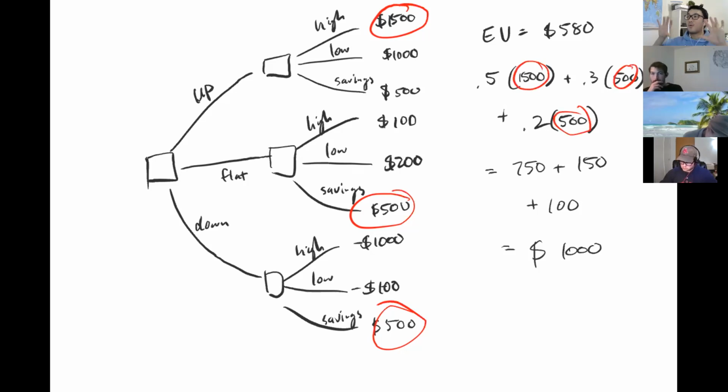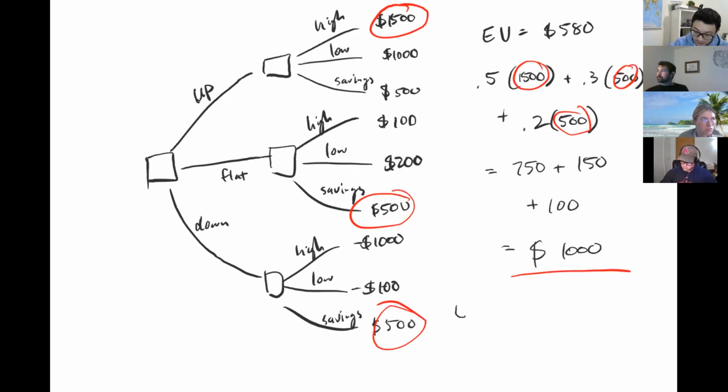If I were always to know which outcome, then I could always make the correct decision, right? I would choose the high case if the stocks went up, and then if the stocks were flat or down, I would choose the savings. So my expected value having all of that perfect information is $1,000.